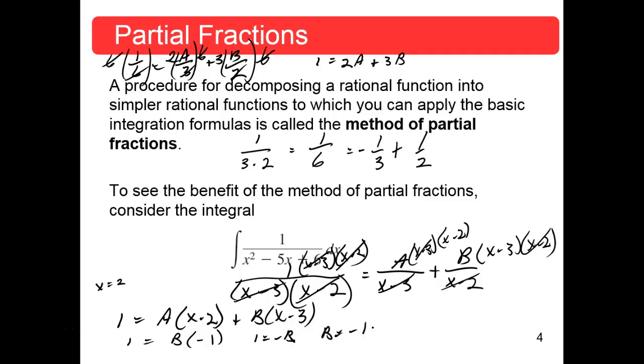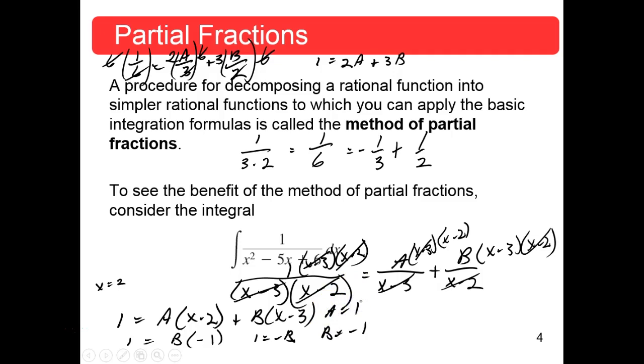Okay. Well, how about give me another one? That would be a pretty easy one. 3. Yes, let x equal 3, then this goes away, and what do you get? A is equal to 1. Perfect.